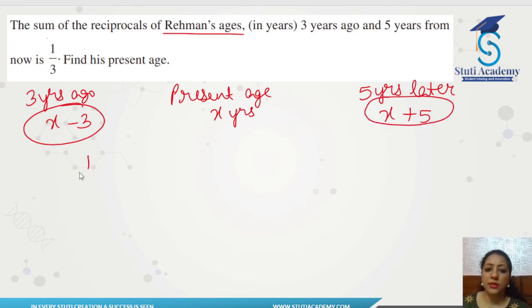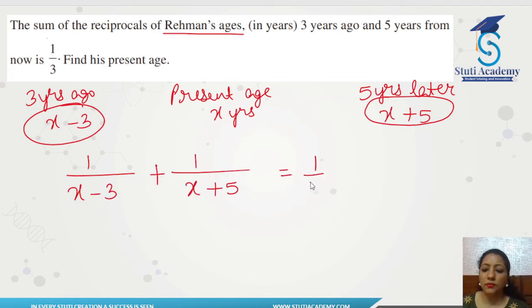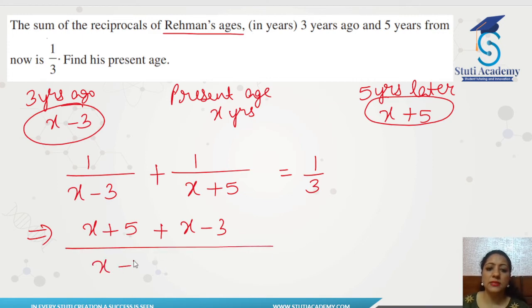So I am taking here the reciprocal of the ages and their sum is given to us as 1 by 3. Now we are going to bring it down to a quadratic equation in one variable. So we'll write here x plus 5 plus x minus 3 upon x minus 3 times x plus 5 equal to 1 by 3. Let us solve this.